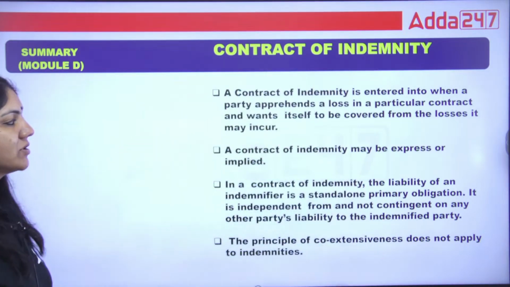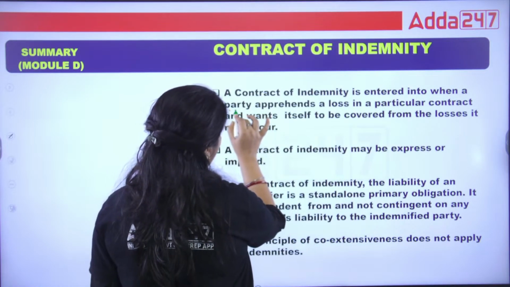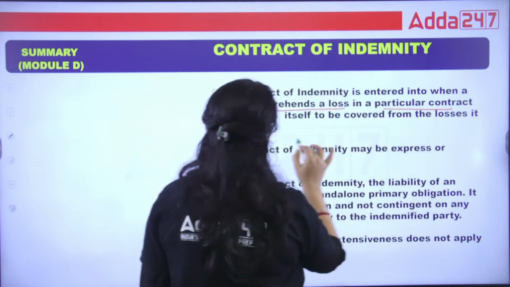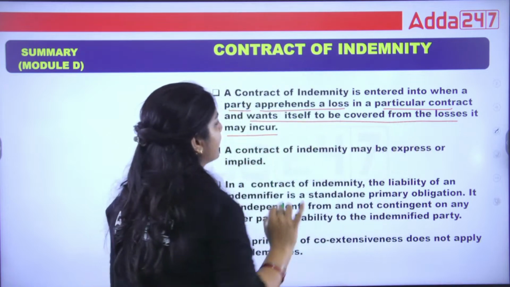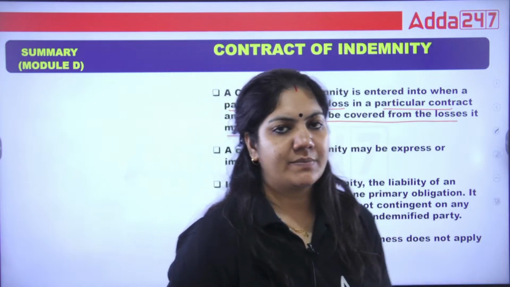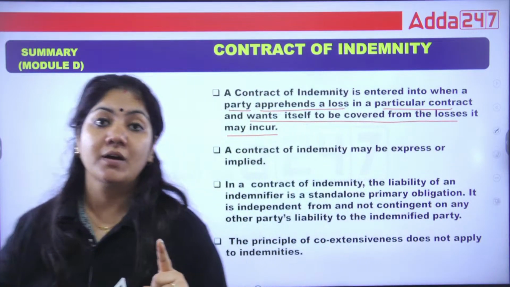Now, contract of indemnity. So guys, a contract of indemnity is one in which a party apprehends a loss in a particular contract and wants itself to be covered from the losses it may incur. It means in a contract of indemnity, there must be loss of one party and protection from loss by the other party.